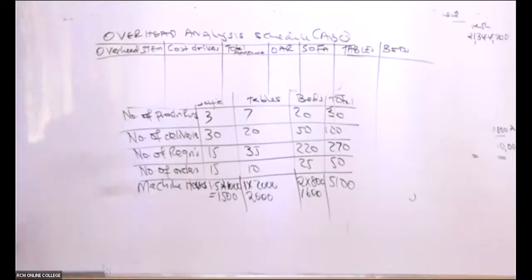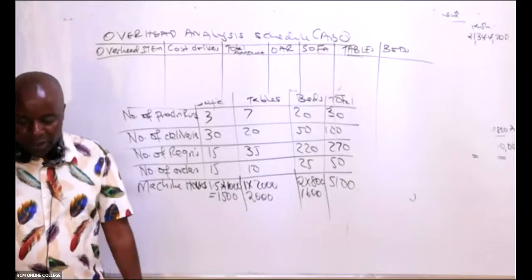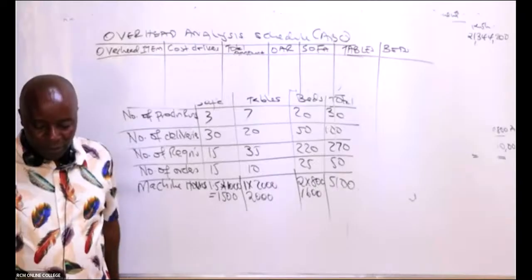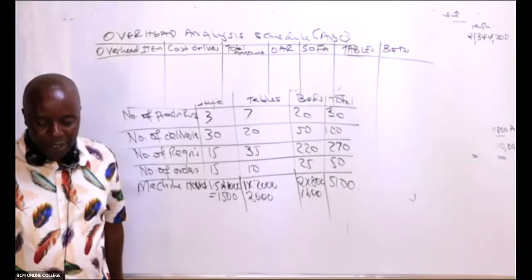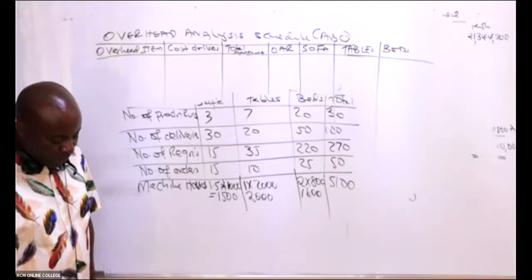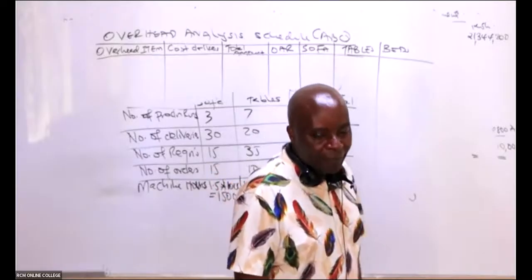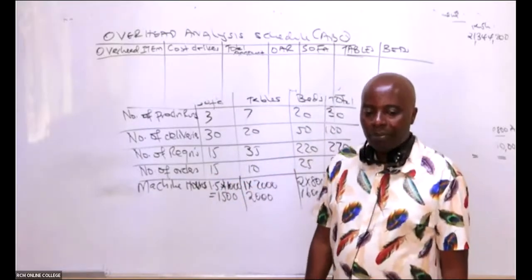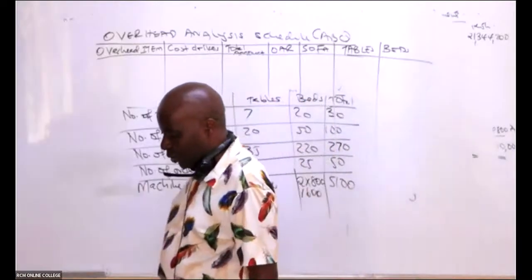Let me give you 1 minute to finish drawing the table. Once you finish drawing that table, I would expect you to simply mention Y for yes. Thank you so much.